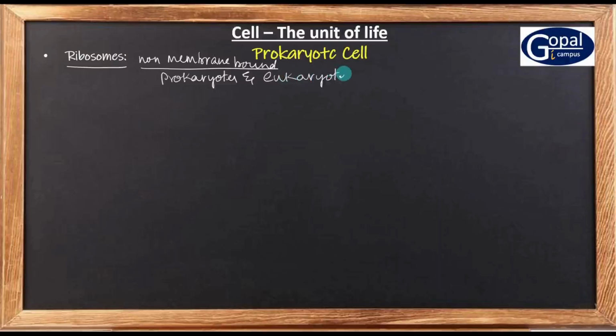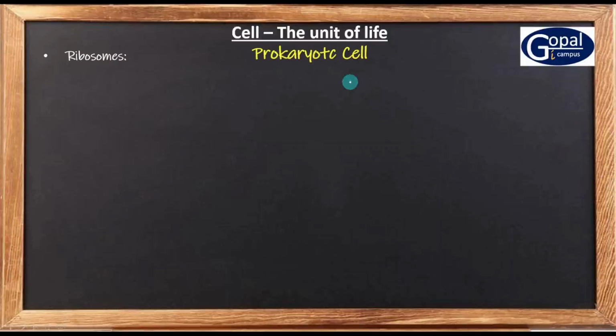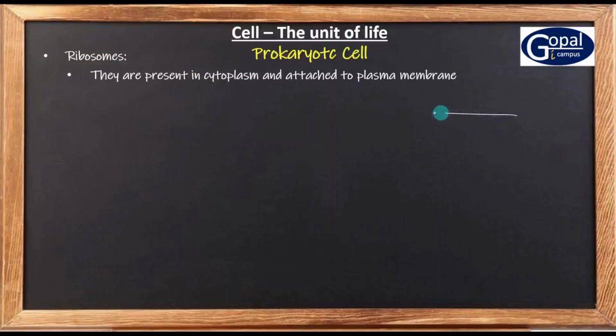The cell organelles present in both prokaryotes and eukaryotes are the ribosomes. They are present in the cytoplasm and they are also attached to the plasma membrane.